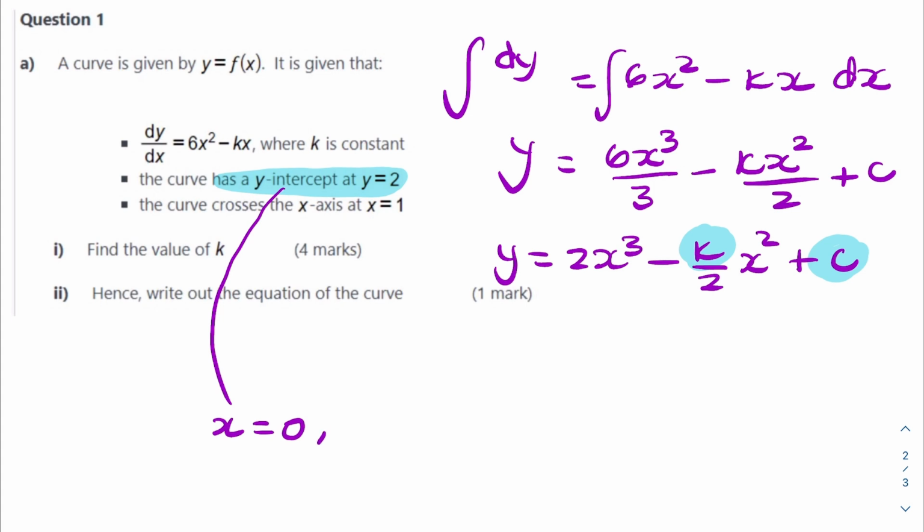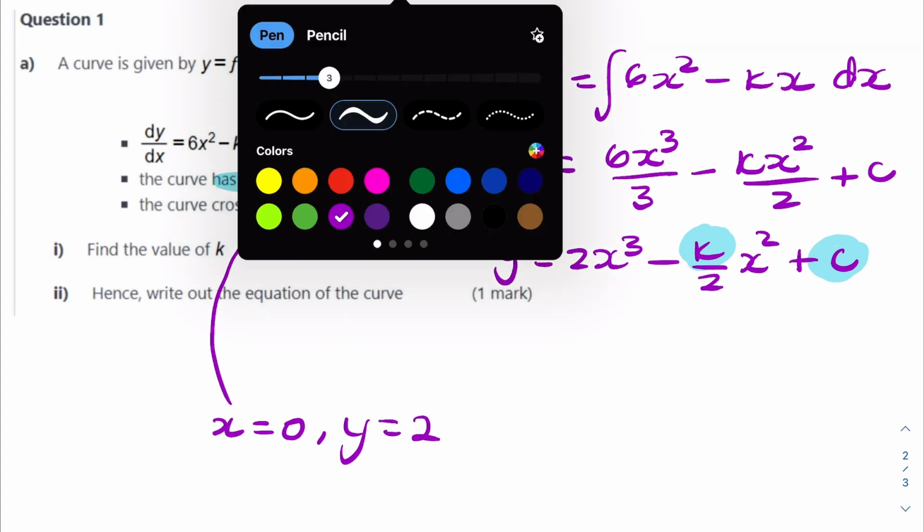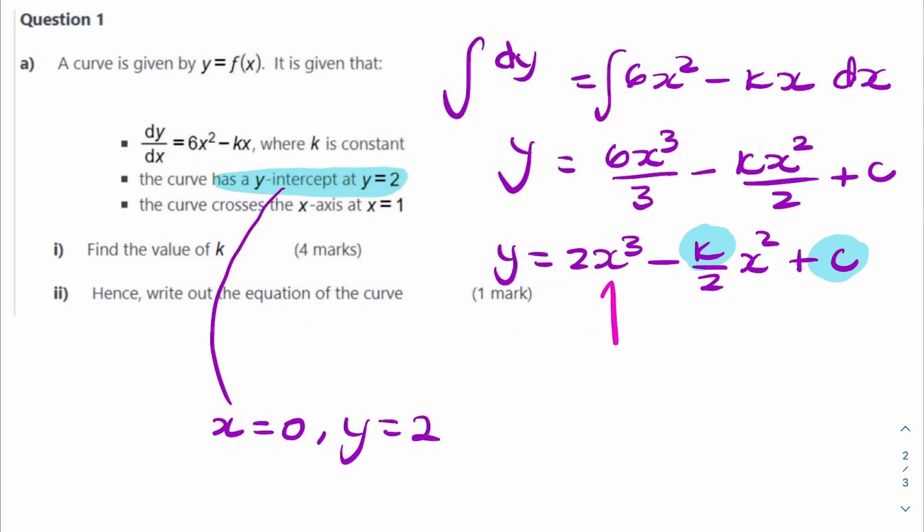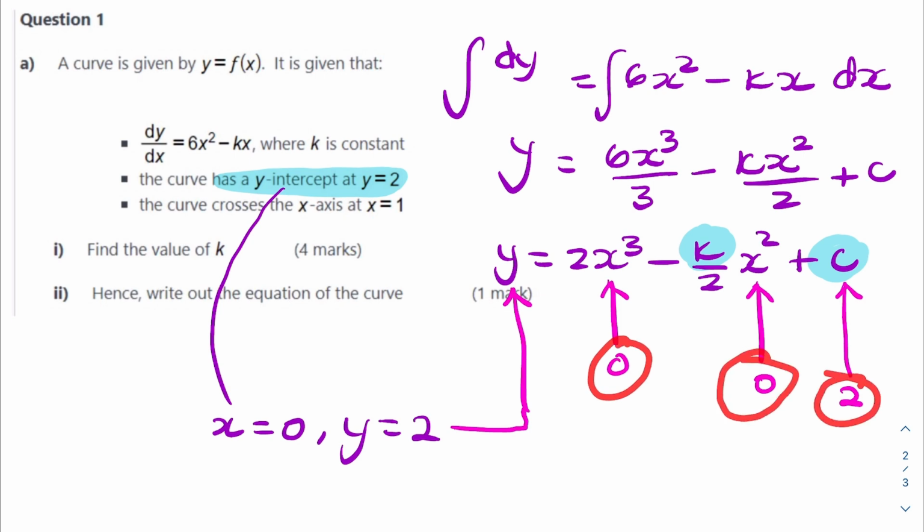So when x equals 0, y equals 2. So if we substitute 0 here and 0 here, y is going to be equal to 2. And from that, we can find that c is equal to 2. So you've got 2 equals 0 plus 0 plus 2. So we now know c equals 2.